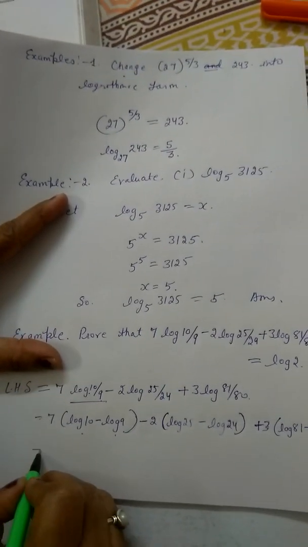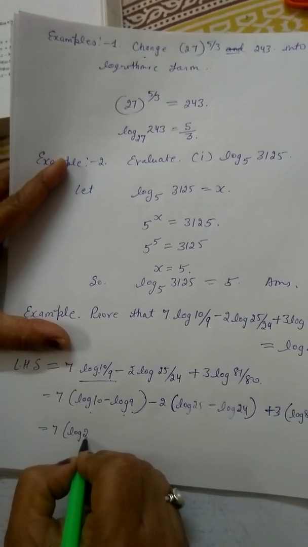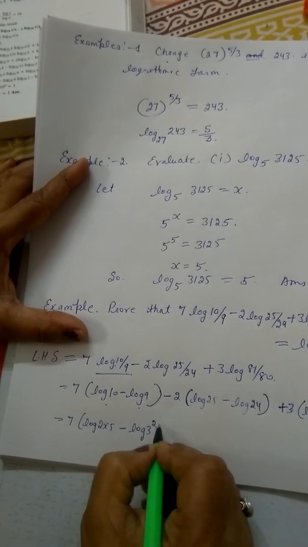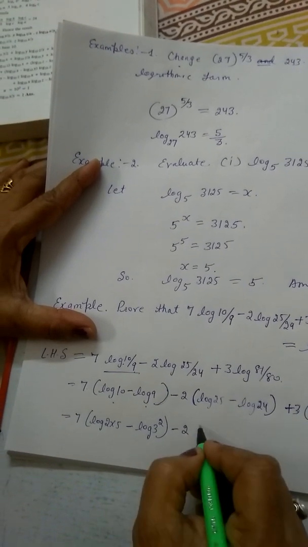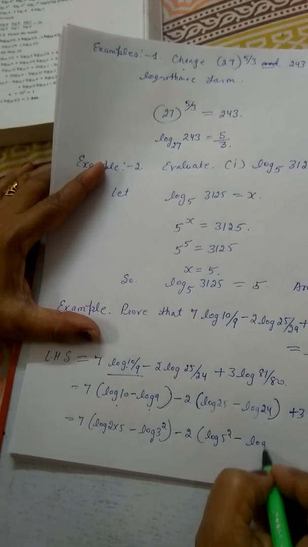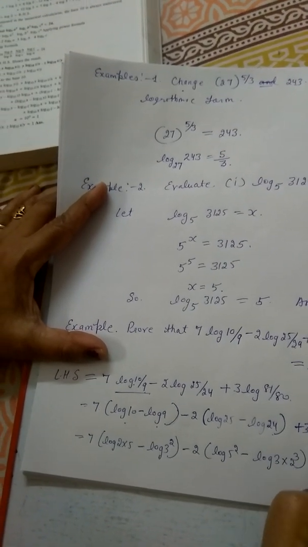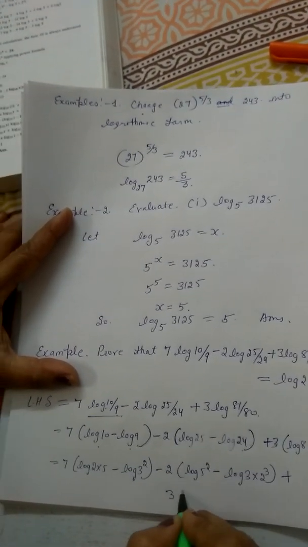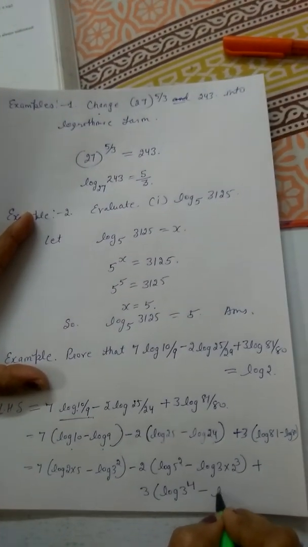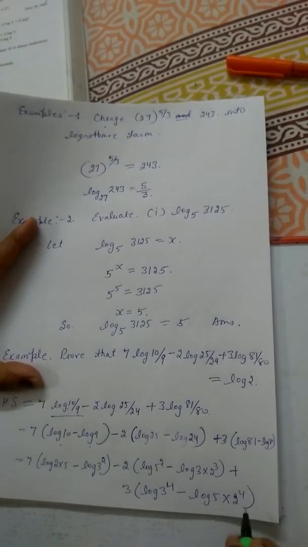Okay, now what will you do? 7, you can write, instead of 10, 2 into 5, minus log 3 raised to the power 2, minus 2 log 5 raised to the power 2 minus log, in place of 24, 3 into 2 raised to the power 3, plus 3 log 3 raised to the power 4 minus log 5 into 2 raised to the power 4.